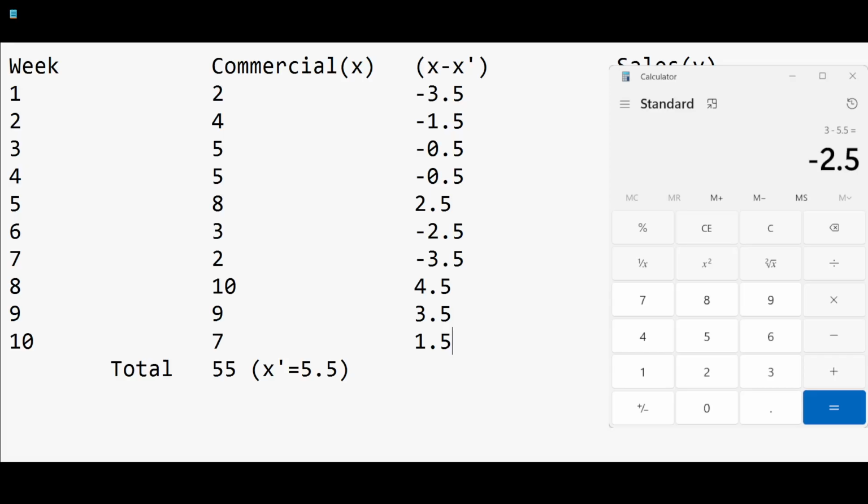So after that, you need to check whether our answers are correct. You can use a calculator to check that.